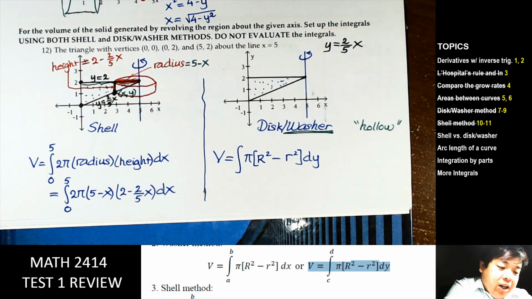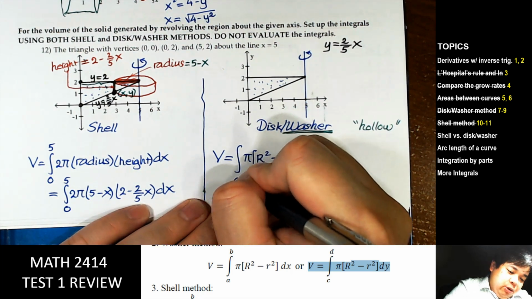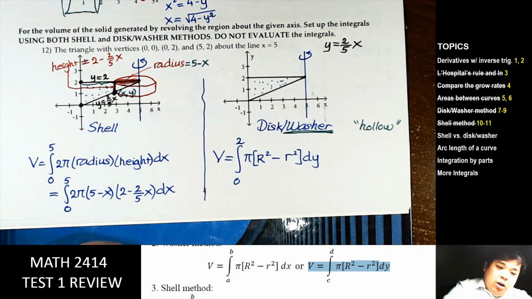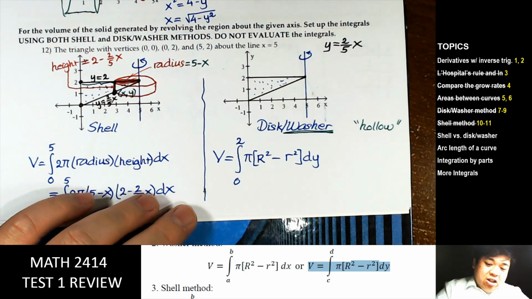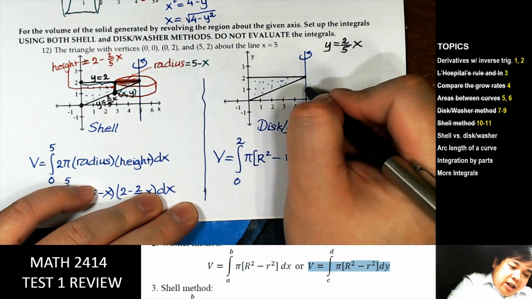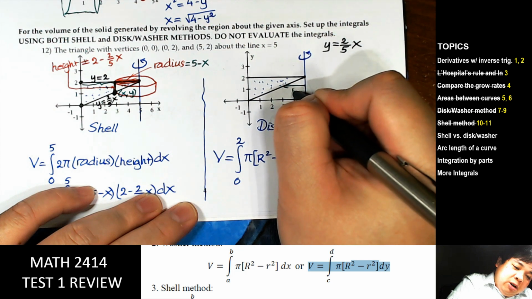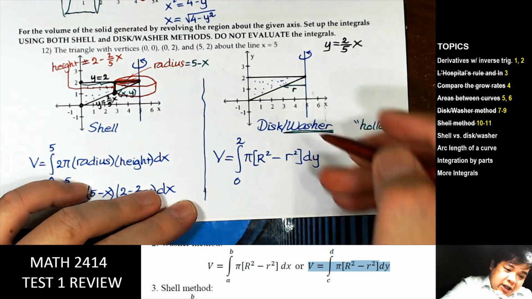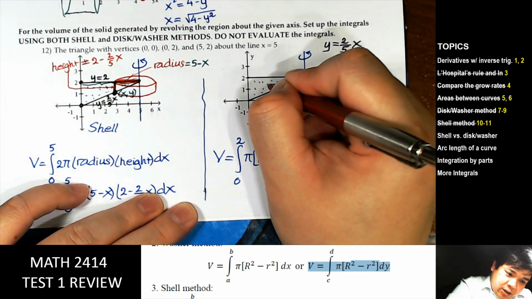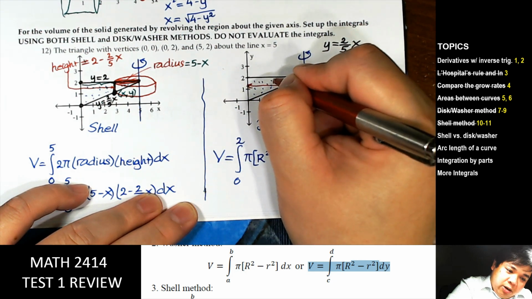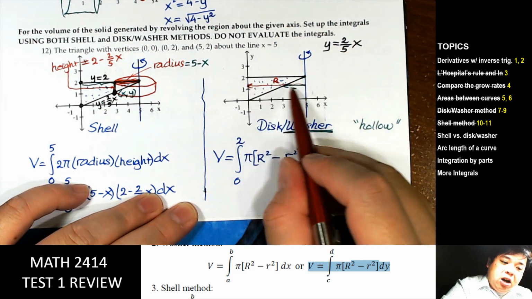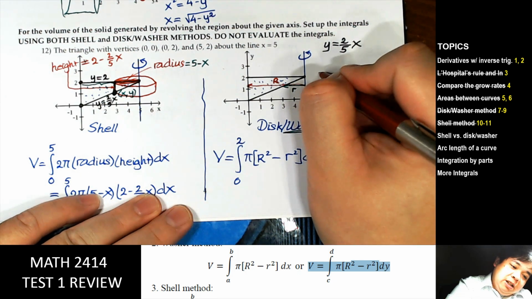For y the limit will be 0 to 2. Now from the axis of rotation, if we go to the edge, that gives us the little r. If we go to the outer edge, that gives us the big R. So the big R here is constantly equal to 5.